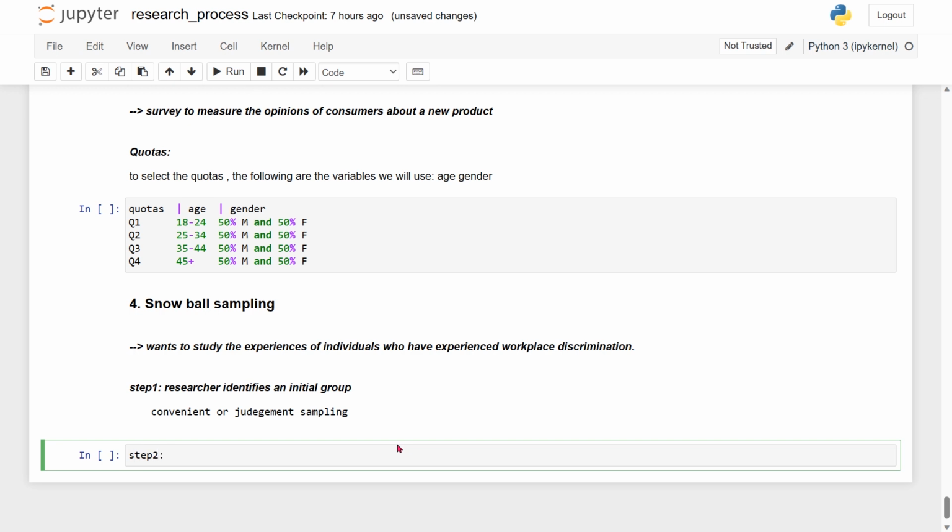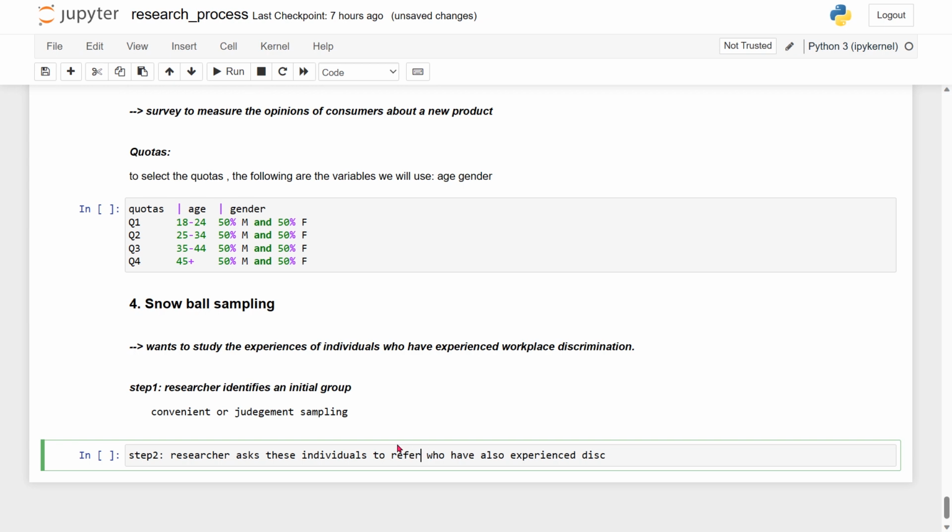asks these individuals to refer others who have also experienced discrimination.